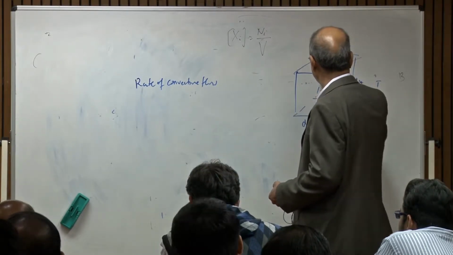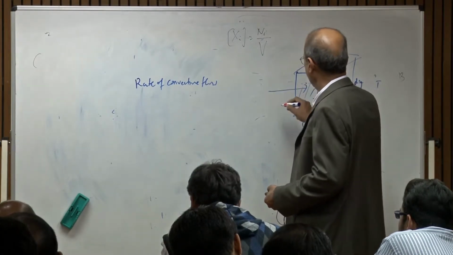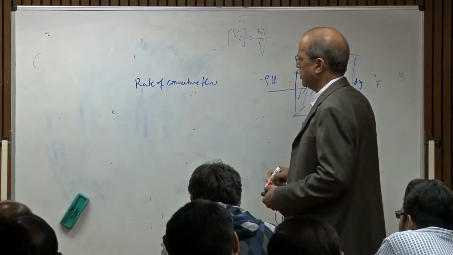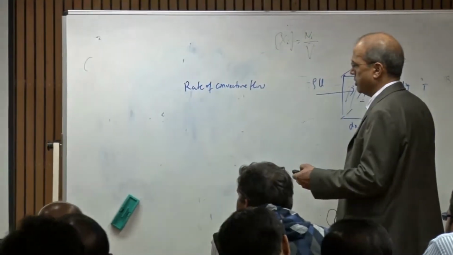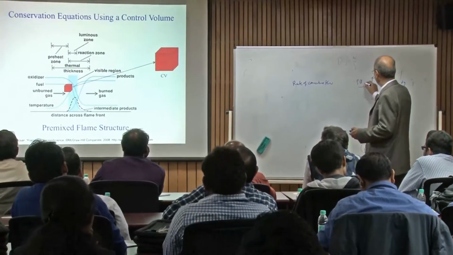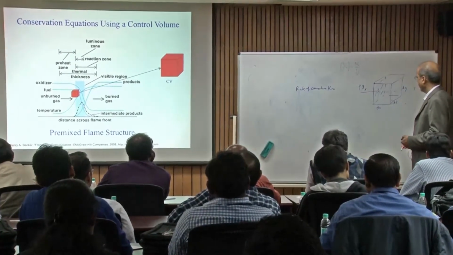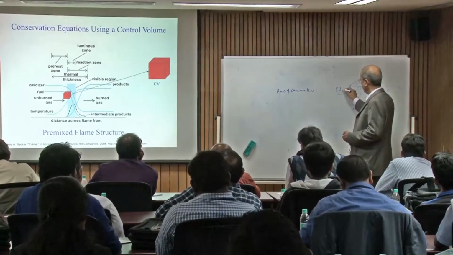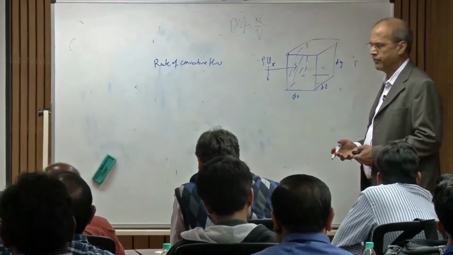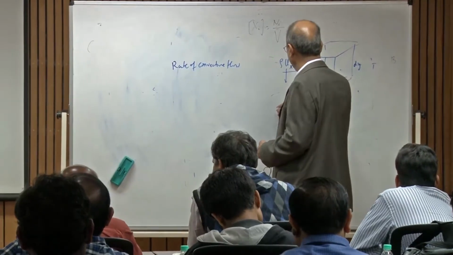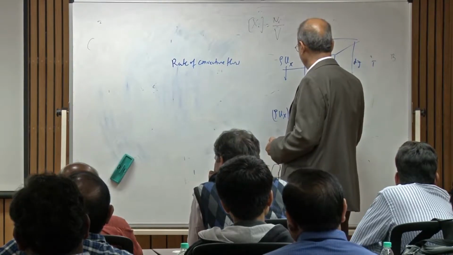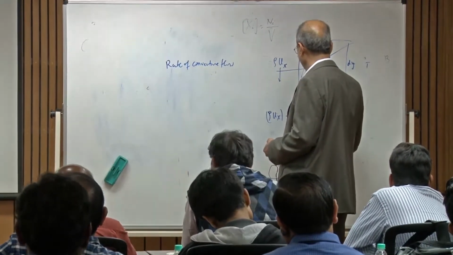At this face, you write the rate of convection as rho u. I don't know what symbol I used later on. Let's be consistent. So, ux. This is ux. Hopefully all of you are familiar. This we call the mass flux, rho times ux. Rho ux is the mass flux per unit area, the mass flow rate per unit area, in kilogram per meter squared per second.